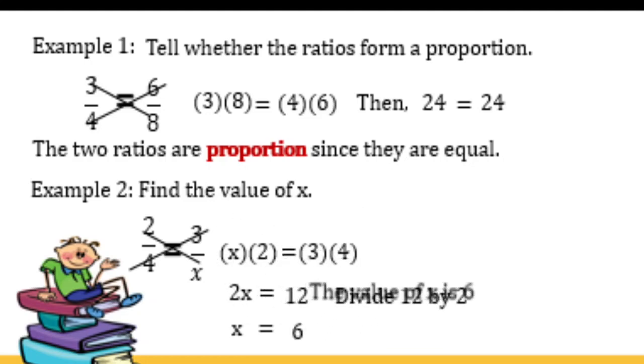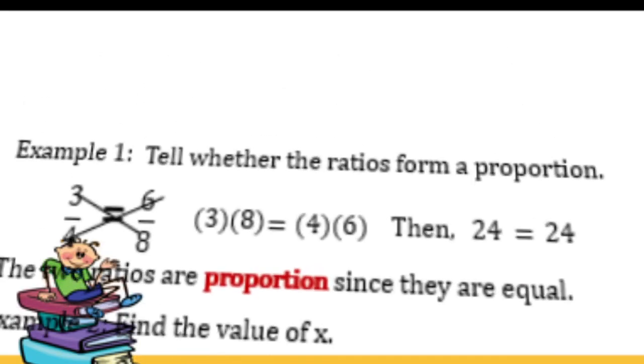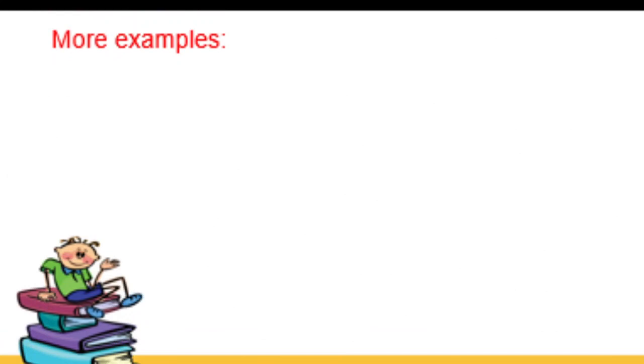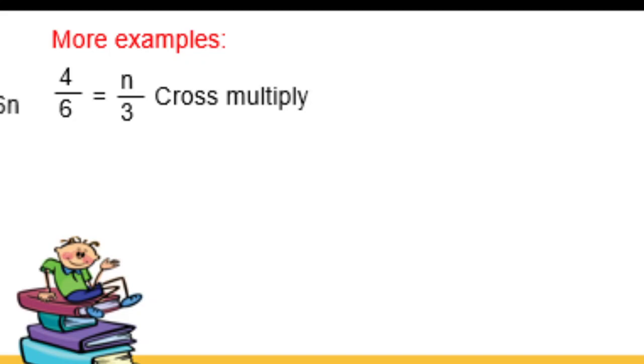Next sample. We have 4 over 6 is equal to n over 3. Again, cross multiply. So, that is 6 times n is equal to 6n.